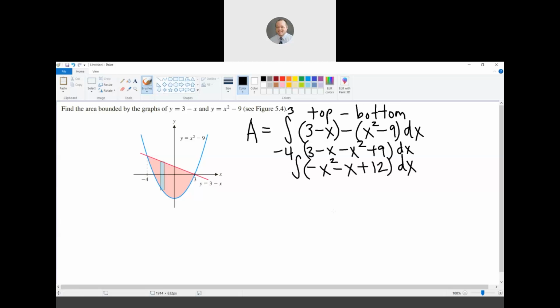Now we are ready to integrate. The first term will integrate as negative x cubed over 3. The second term will be negative x squared over 2. And your last term will just be positive 12x.